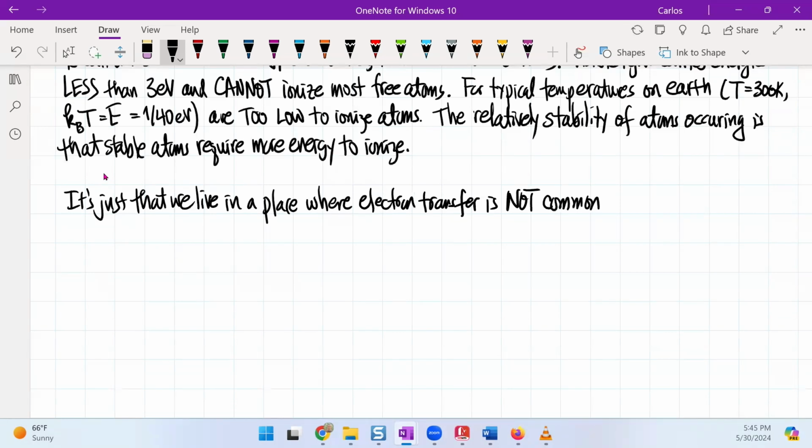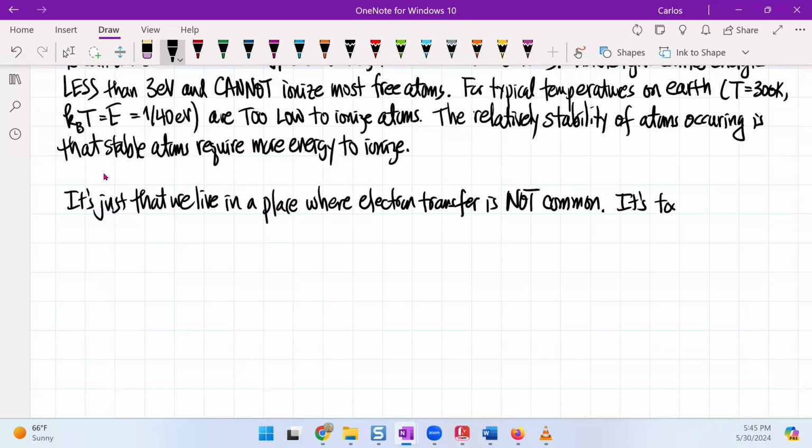Maybe I should say not super common. If it was common, we would have a different perspective on chemistry. The chemistry that we have today would be quite different.